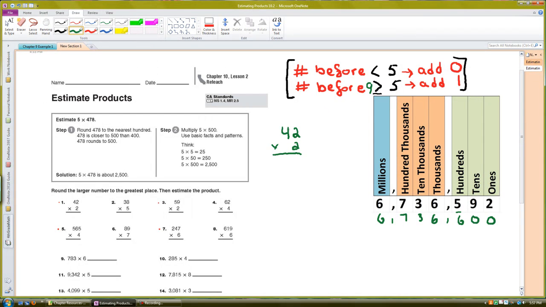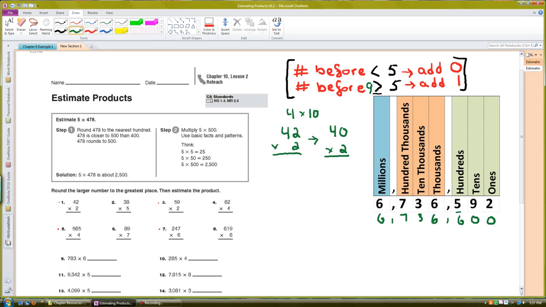So we add 0 to the 4, which means we rewrite this problem as 4, we added 0 to it, and everything to the right goes to 0, multiplied by 2. Now, a neat trick about multiplying powers of 10: 40 is a power of 10 because we can say 40 is equal to 4 times 10.